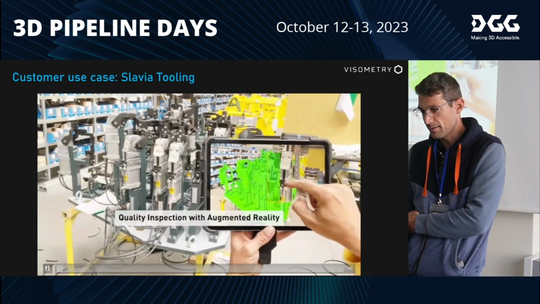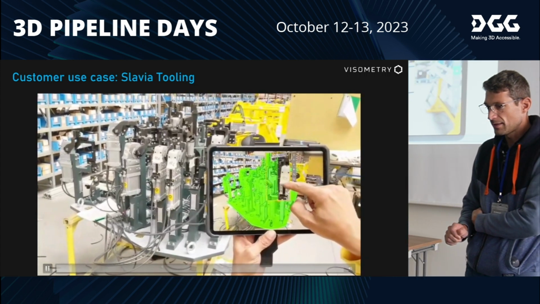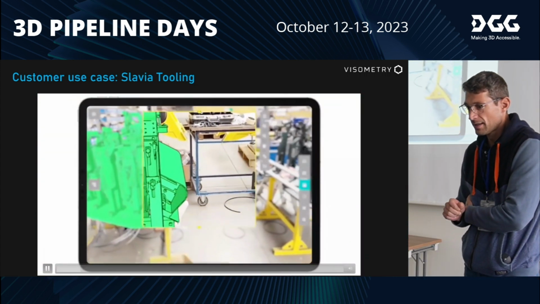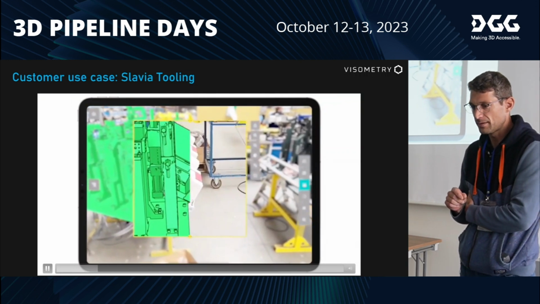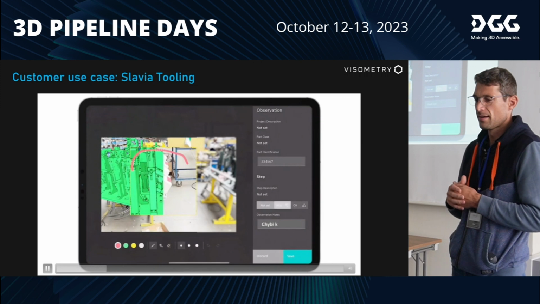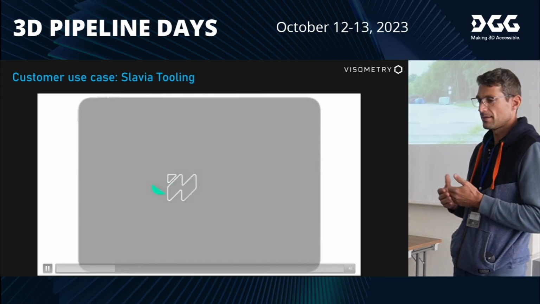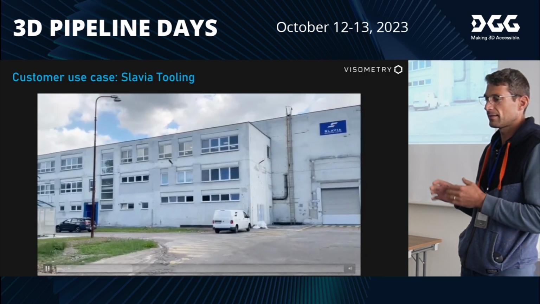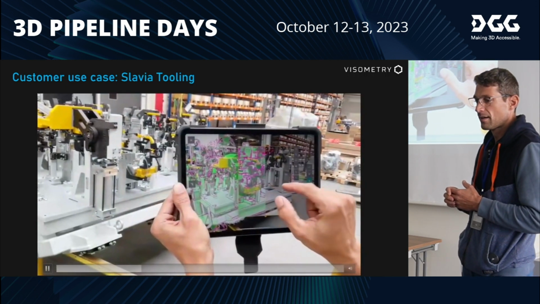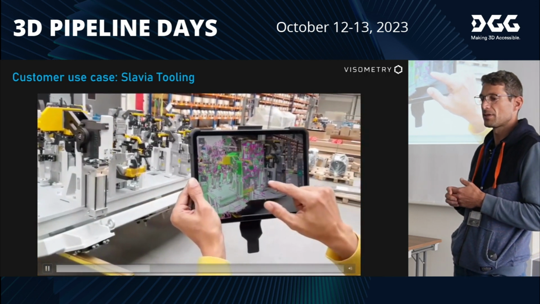Here's another use case of a customer. These are fixtures, and here our application is used to identify these parts and to check if they are all set and assembled in such a way that they can be used for producing other stuff in a useful way.